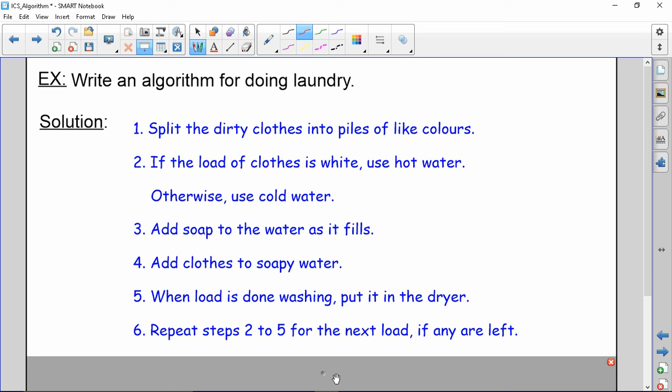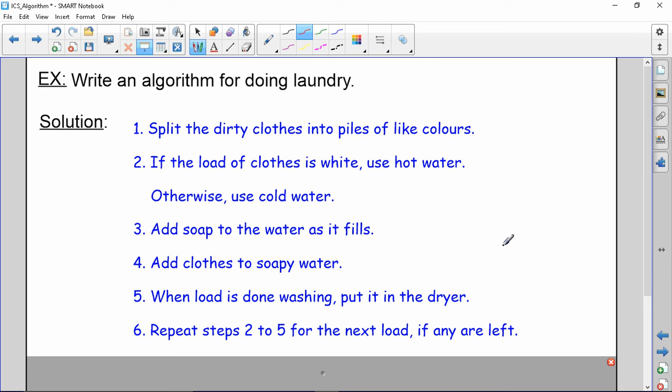I don't know if you've ever done your own laundry or watched somebody at home do laundry, but it's about like this. And notice that this meets most of the qualifications for an algorithm. An algorithm has to be finite. Well, certainly the 6 steps are finite.